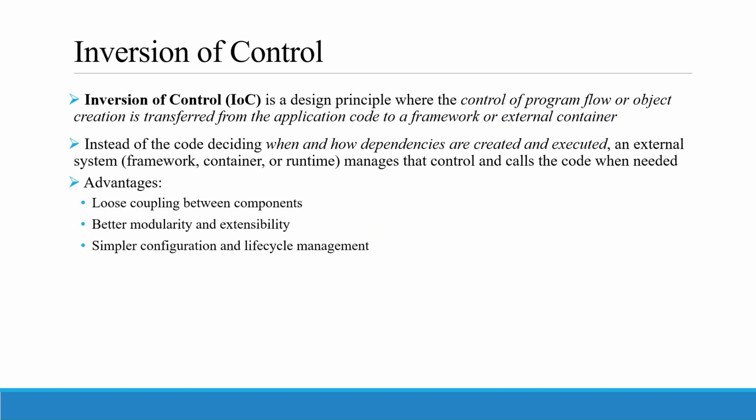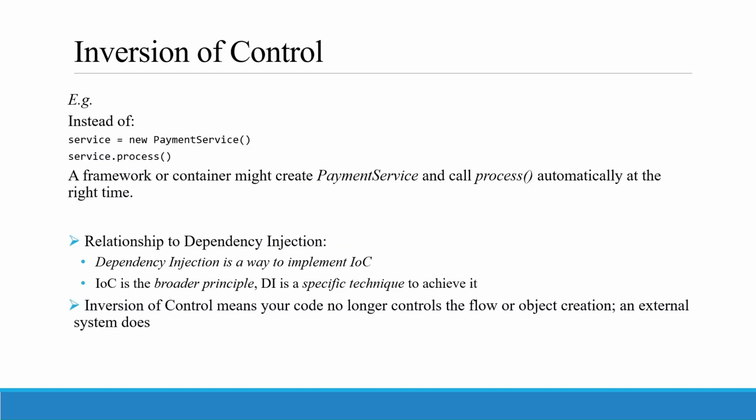Okay, and again the advantages are that the components are loosely coupled. We get better modularity and extensibility and a simple configuration for our application. Here we have an example. So normally how do we do it? We write service equals new payment service, service.process. So basically we create in the code a new instance of an object using the keyword new.